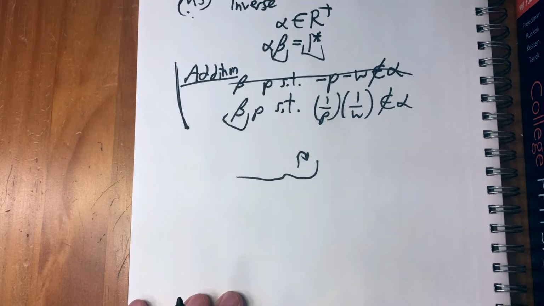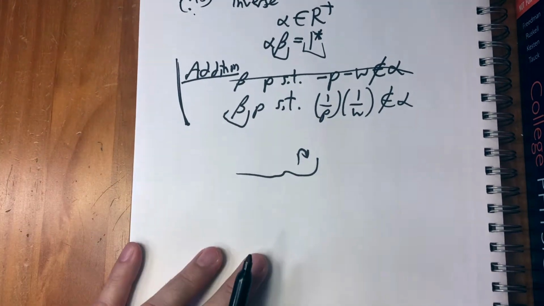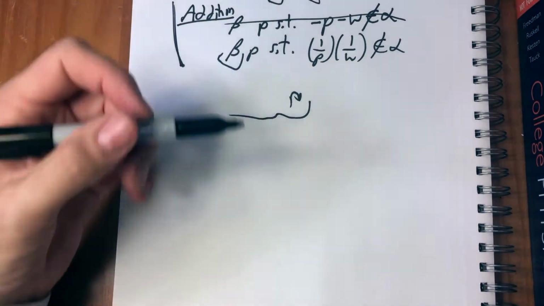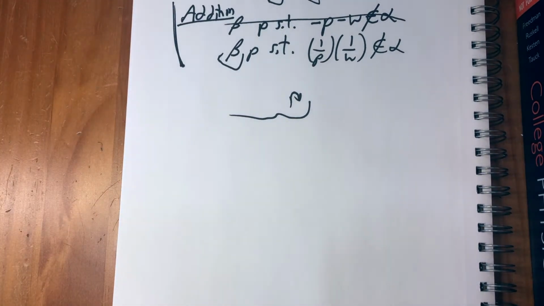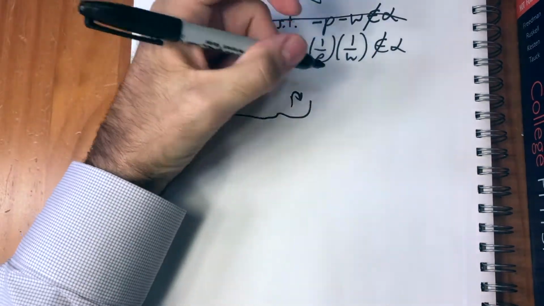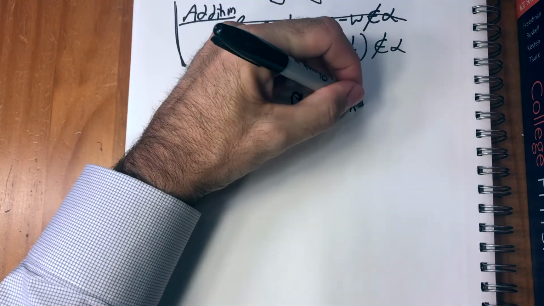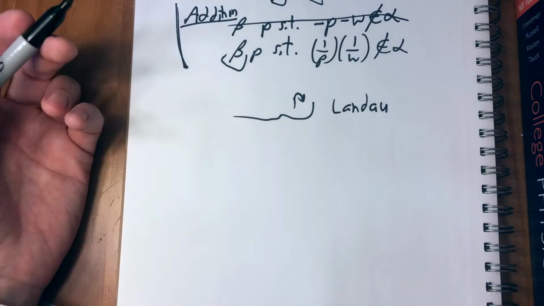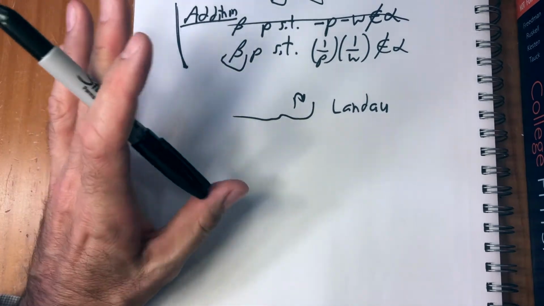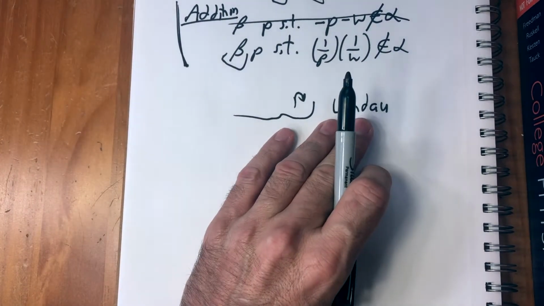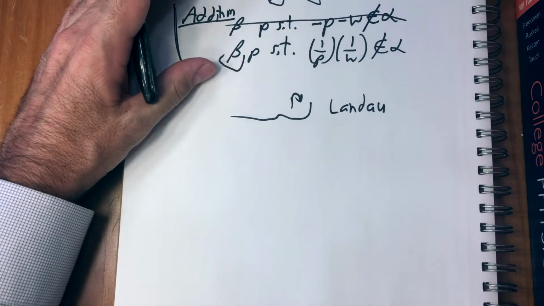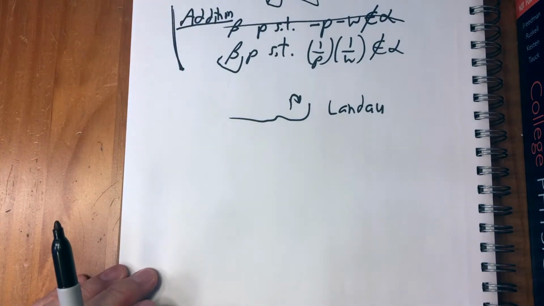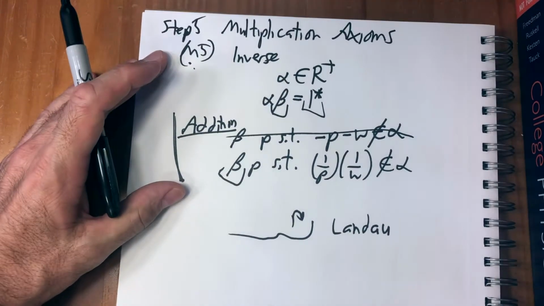In Rudin's book, one of the books that he refers to in his bibliography is by a guy named Landau, who also constructs the real numbers from Dedekind Cuts. So in the next video I'm going to go through Landau's proof and see if we can understand it in order to finally finish this.